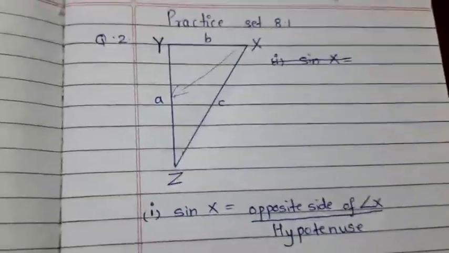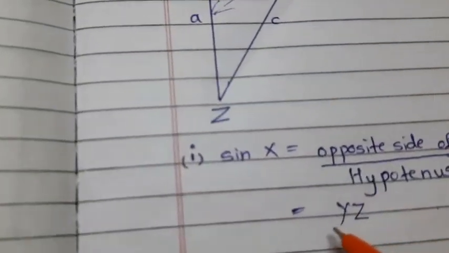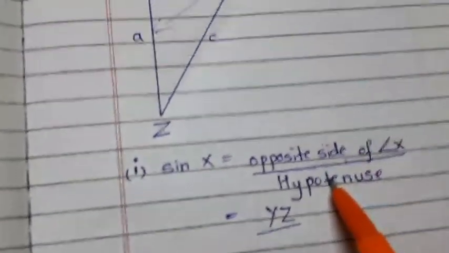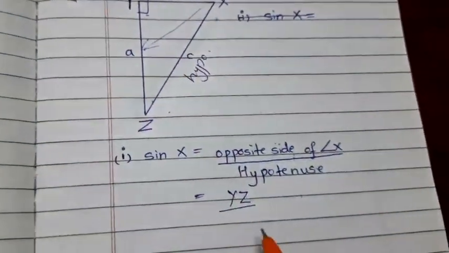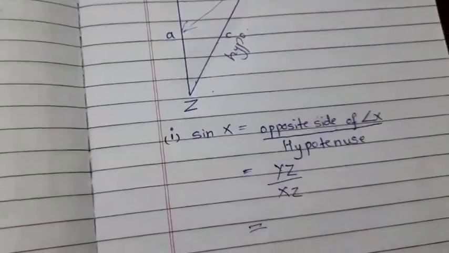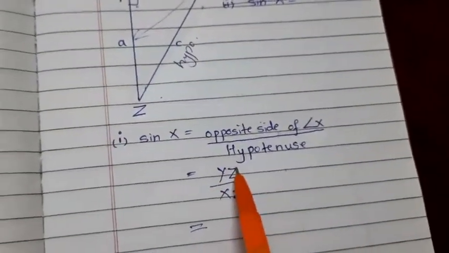Therefore here we will write YZ upon hypotenuse, which is XZ. Now one more thing we have to write is the length of YZ.